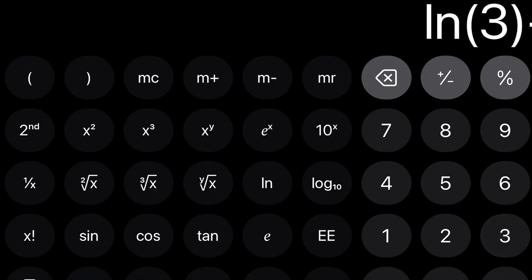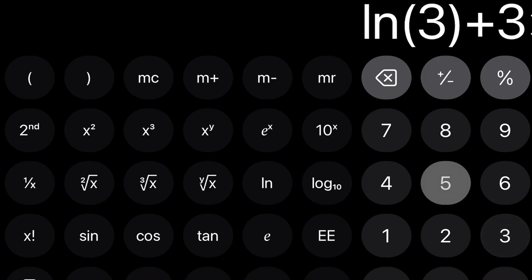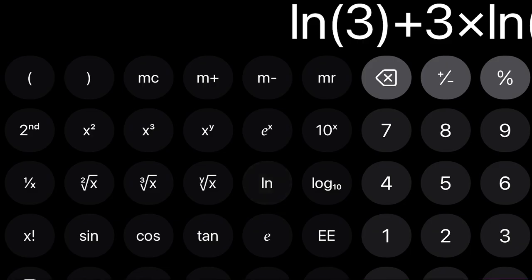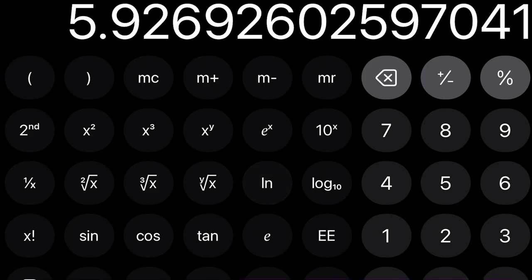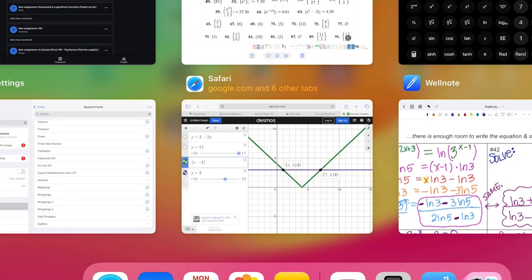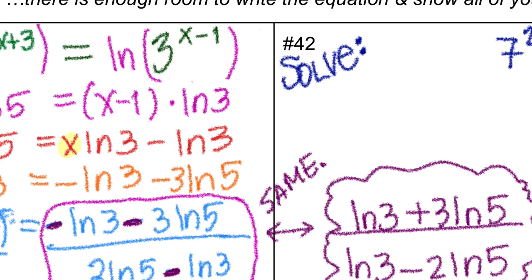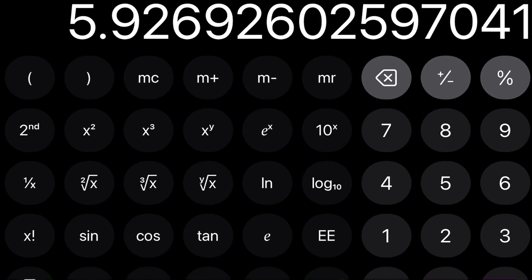Does that look right? Yes. Okay, there's my numerator. Divided by, now I've got to divide it by the denominator, which is going to need parentheses. And it is ln 3 minus 2 ln 5.